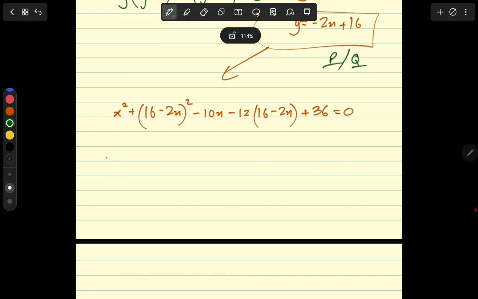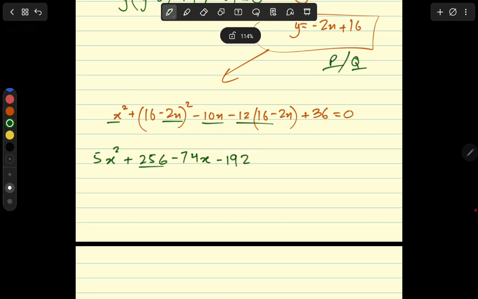So 4x squared plus x squared is 5x squared, and this is plus 256 minus 64x and minus 10x. So this becomes minus 74x. And this is negative 192. So 256 and negative 192 is 64.